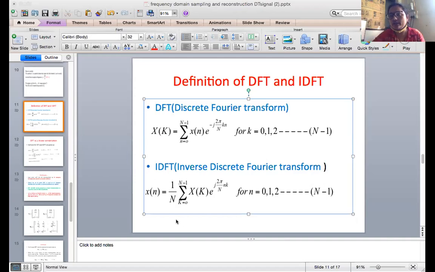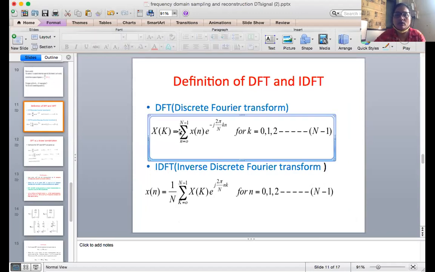Now, how do we calculate this discrete Fourier transform? The formula for calculation of the discrete Fourier transform is given as follows. Are you able to see this PPT? I have shared the screen. So X of k is equal to summation n varies from 0 to N minus 1, x of n into e raised to minus j 2 pi kn upon capital N, where k varies from 0 to N minus 1.